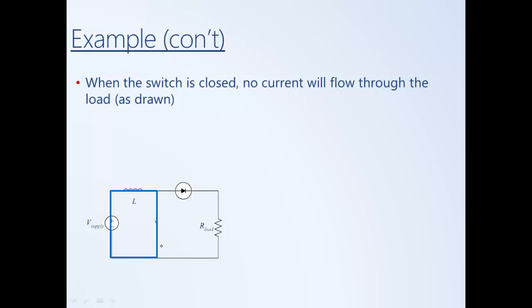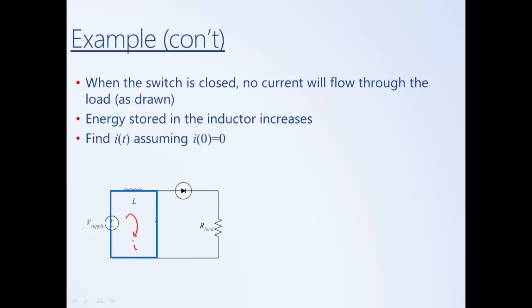It's going to take this path as opposed to going through the load, and the current will cycle in this loop, increasing the energy stored in the inductor. And so in this state, we want to find the current in that inductor, assuming that initially there was no current flowing through the circuit.